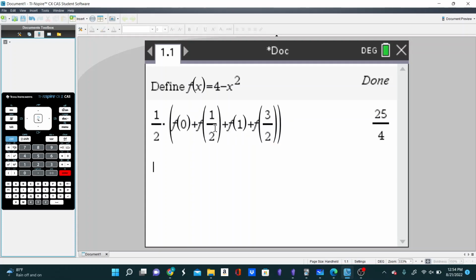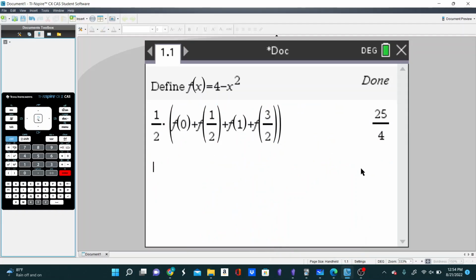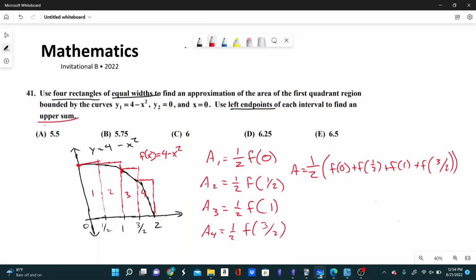So we get an area of 25/4. Let's see if that's an answer. Okay, it doesn't look like it, but we just need to find this as a decimal. That should be pretty straightforward. Just do Control Enter this time. So we get a value of 6.25. That is answer choice D.